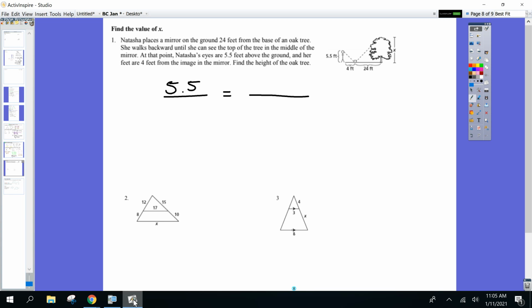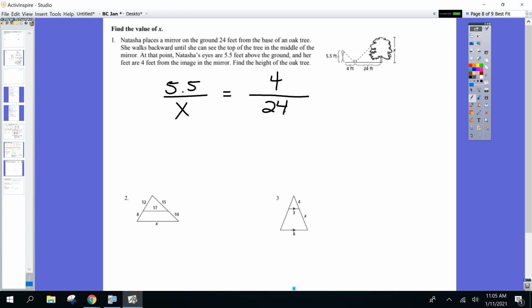The X, the height of the tree. So I put the two sides that correspond right over each other. Then I take the other side I know from the small triangle, which is 4, and see that it corresponds with 24 in the other triangle.